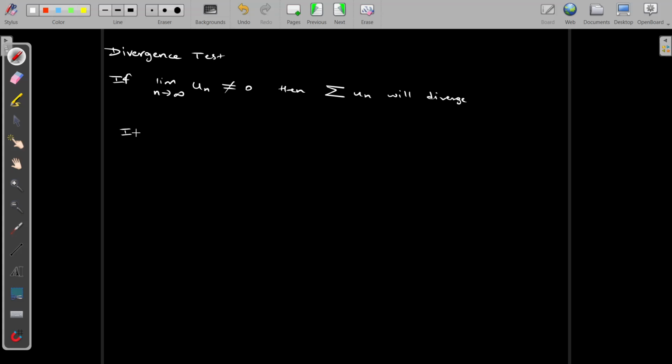So as an example, we need to take the limit as n tends to infinity of n over n plus 1.